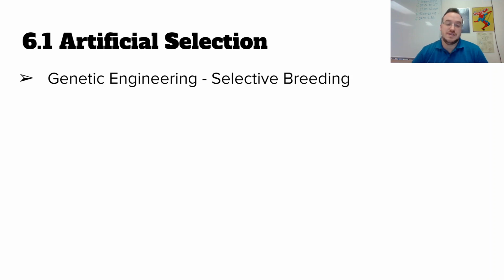So genetic engineering with selective breeding is just a type of artificial selection, right? It's not happening naturally out in the environment. It doesn't have as much randomness to it. It doesn't have a specific reaction to a stimulus, like the change in prey or predators in the environment. This is the actual interaction between humans and the genome of a species.